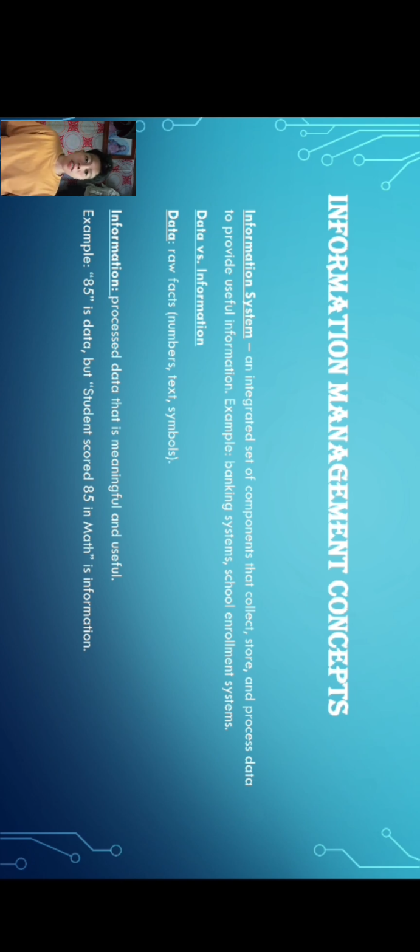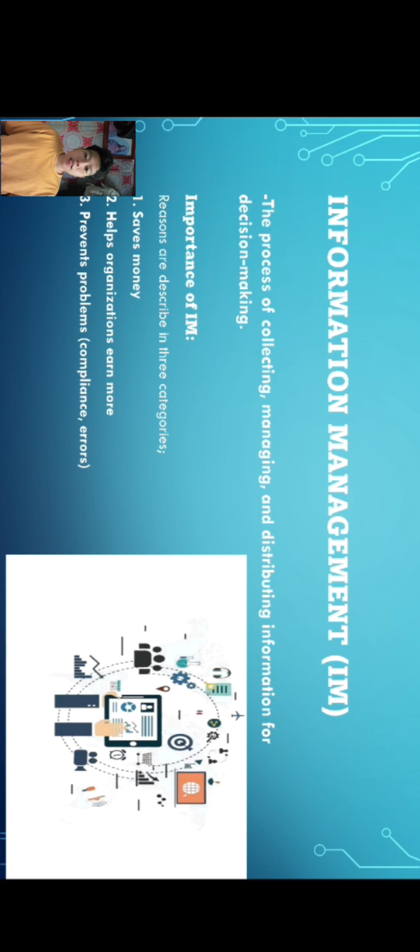So next is information management. This is the process of collecting, managing, and distributing information for decision making. The importance of IM's reasons are described in three categories: saves money, helps organizations earn more, and prevents problems, compliance issues, and errors.